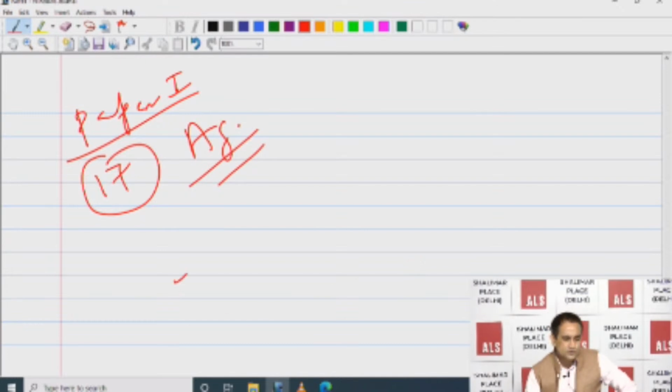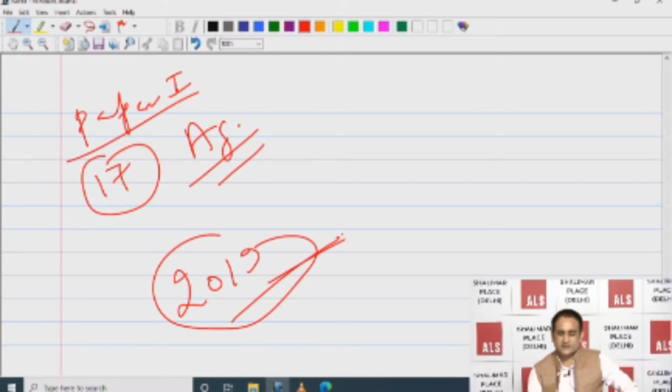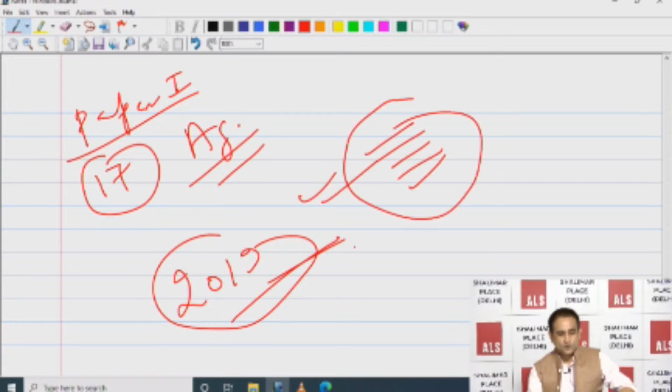In 2019, there was a direct question from this sentence mentioned in the syllabus: delineate the state of agriculture during the Sultanate period, so 13th, 14th century. If you have notes regarding the development of agriculture in the Sultanate period, you can just reproduce them, and believe me, you can get more than 65-70% marks. This kind of question can give you more than 70% marks.